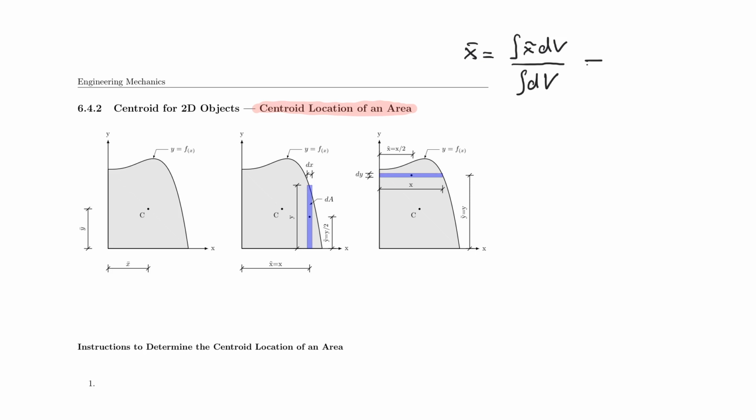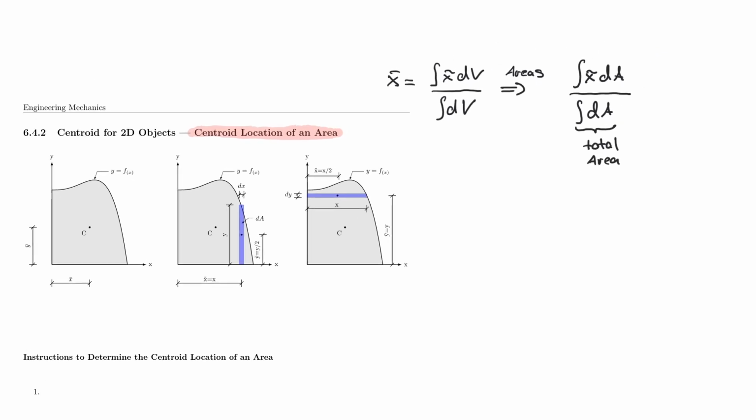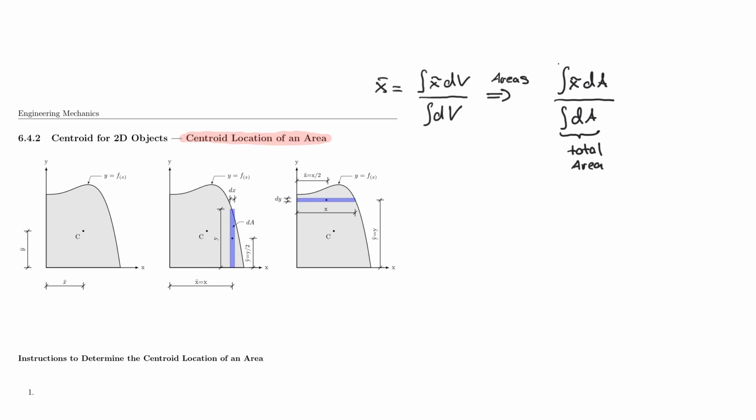I now take this down to an area, as I'm going to talk about areas only now, and therefore I'm going to call it the integration of x tilde dA divided by the integration of dA. And once again, this here just stands for total area. And also, this part on the top is called the first area moment.